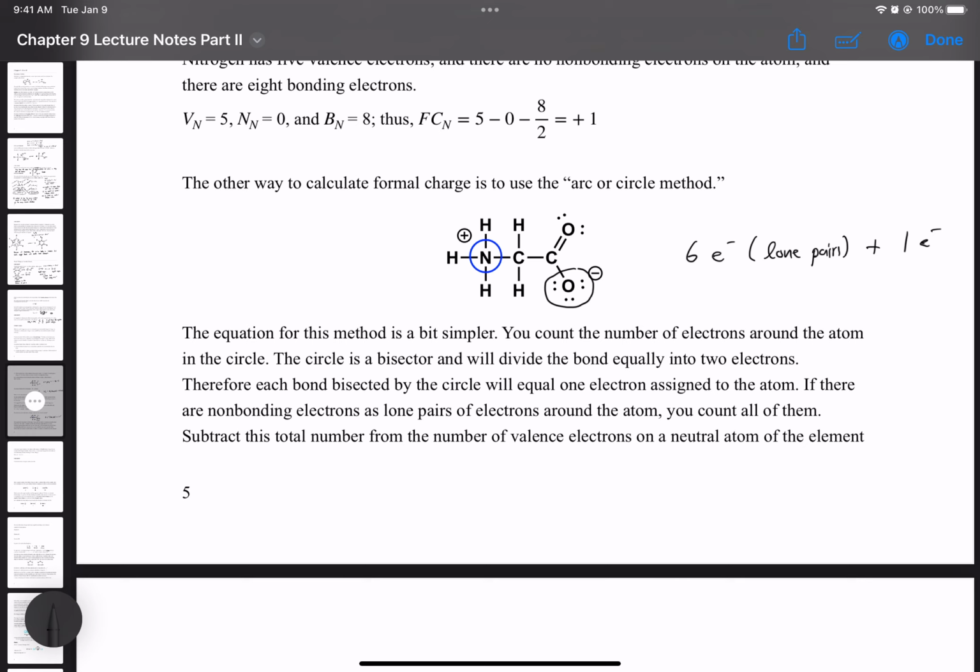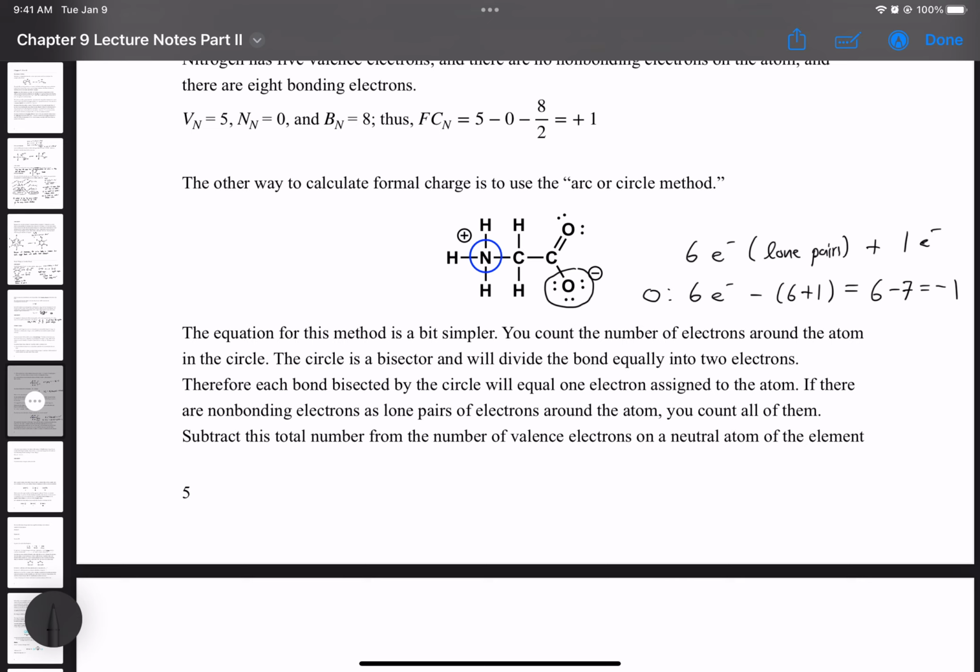So now let's subtract this number from the valence electrons of oxygen. Remember, oxygen has 6 valence electrons, so 6 minus the 6 plus 1 we just calculated. That's 6 minus 7 equals a -1 charge. And we see on oxygen, it has a -1 charge.